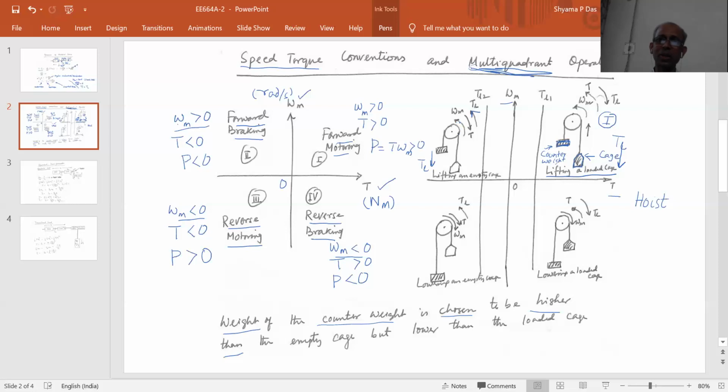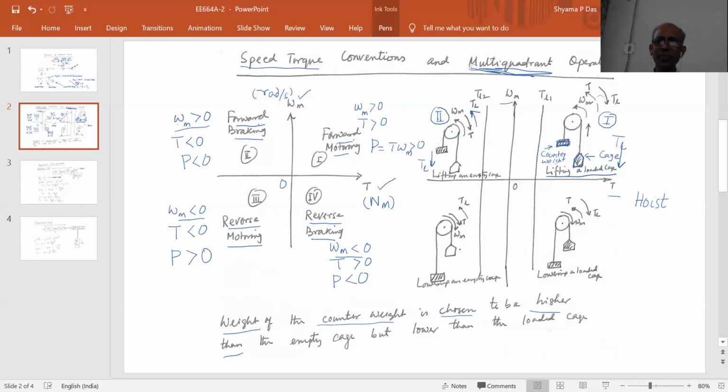So here we see that the torque is negative, but the speed is positive. Anti-clockwise is positive. The motor torque, which is T, is in the clockwise direction. So speed positive, but the torque is negative. So this is forward braking. This is the second quadrant, as we have already seen.